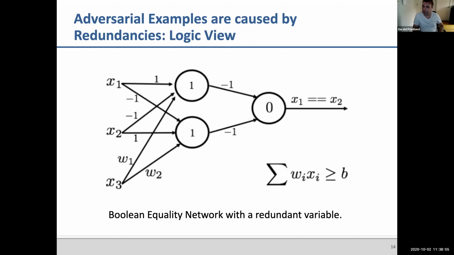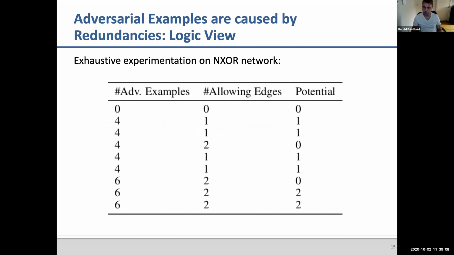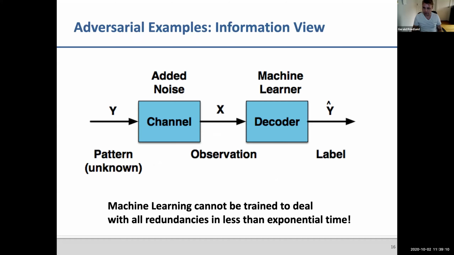We showed that. That means you want the minimum amount of connections, the minimum amount of arrows that are non-zero. Arrows that are 0 are the same as not having them. So you want the minimum amount of parameters. And if you were able to achieve that completely, you would have 0 adversarial examples.